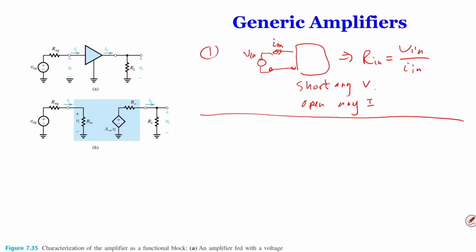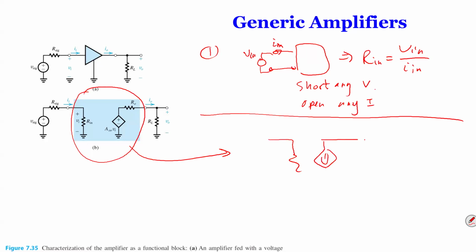When we find the input resistance, as I said, we short the voltage source and open the current source, but then we also just apply... So this is our amplifier. What we're going to do is apply... now, I'm going to use the more generic one.